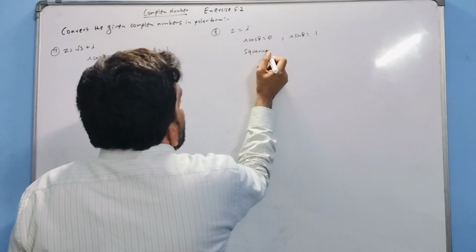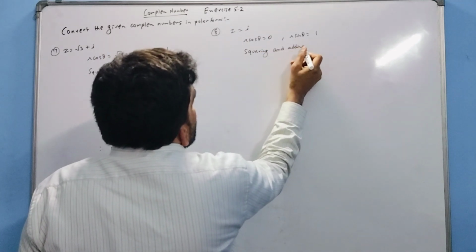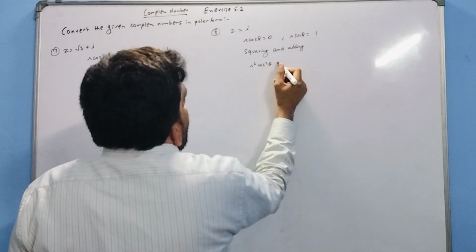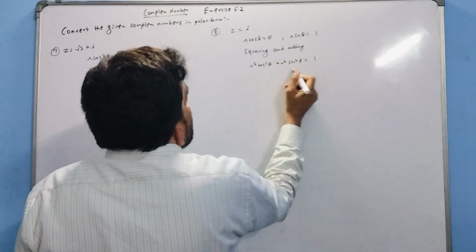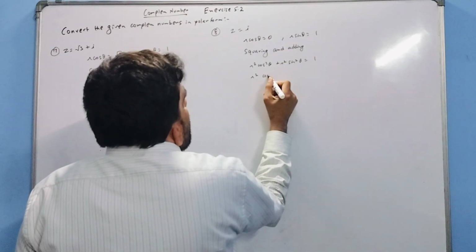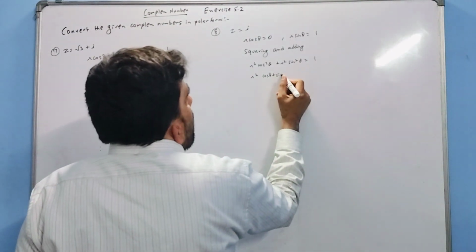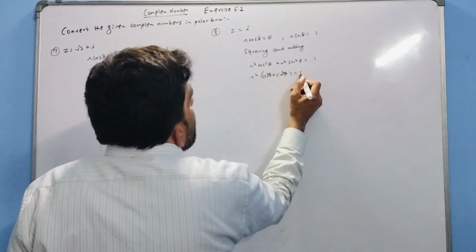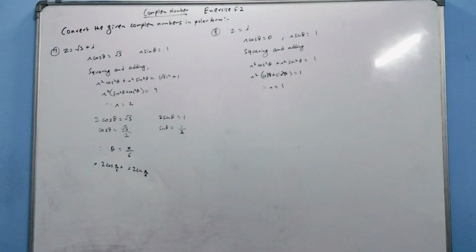So what we got here? r square cos square theta plus r square sin square theta is 1. Taking r square common here, cos square theta plus sin square theta is equal to 1. So therefore we have r is equal to 1, because we know the root of 1 will be 1 only.